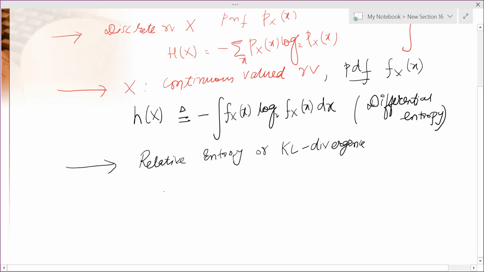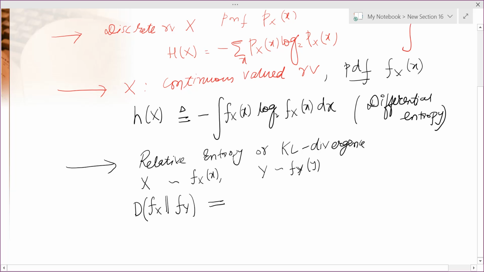I will recall. Suppose you have two random variables, x, which has distribution fx of x, and another random variable y having probability density function fy of y. Then the relative entropy or the divergence between fx and fy, this is the notation.